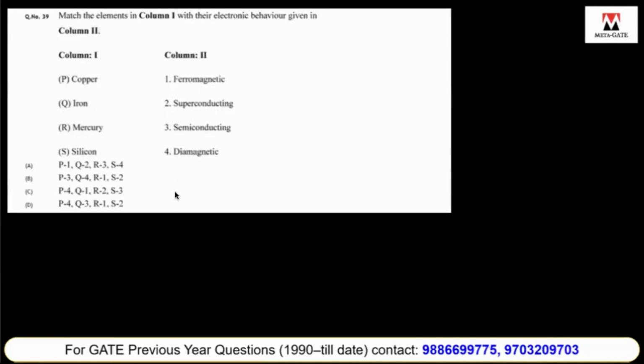It has no unpaired electron, so it becomes diamagnetic. Iron is ferromagnetic, we all know. And mercury is superconducting, and silicon is semiconducting. Most of the semiconductor industries use silicon. And the answer is 4123.